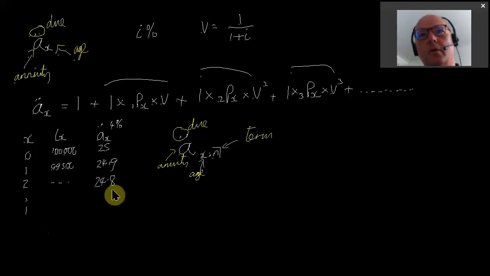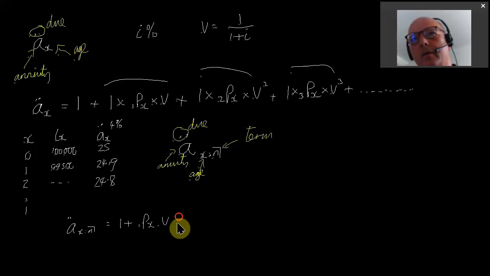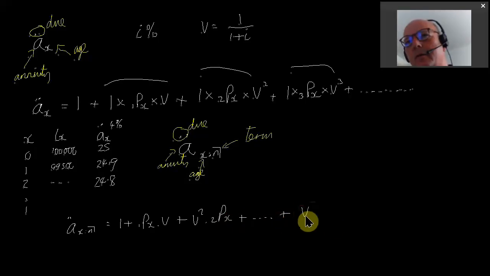So a double dot x:n equals 1 plus v 1px, but v squared is probably more normal convention, 2px. I was going to miss the 1's out, plus v to the n minus 1, because that is the nth payment, times n minus 1 px.